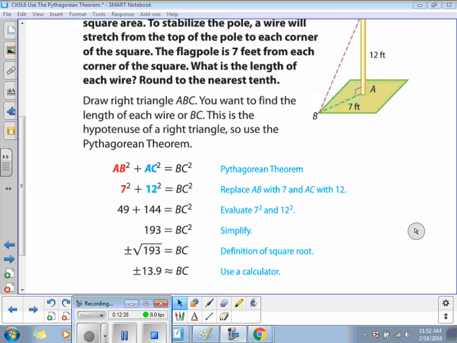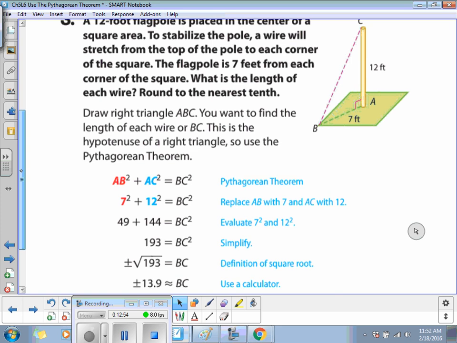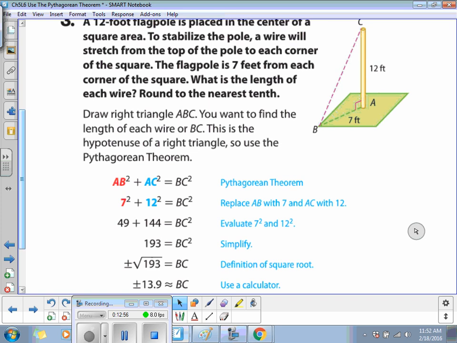Okay, now this one again, you don't have to write this down because you already have it in your textbook. Okay? So, when we look at this picture, our A is going to be right here. That is going to be our A, right?